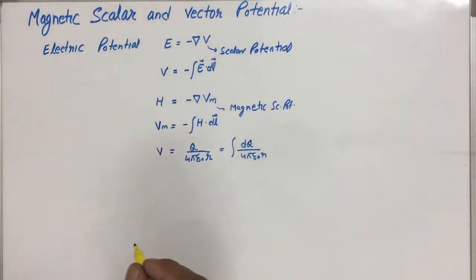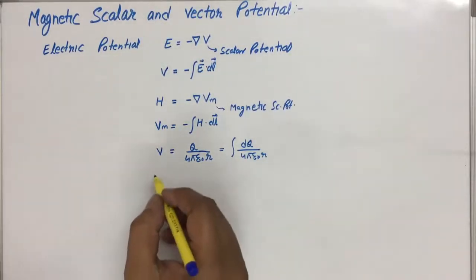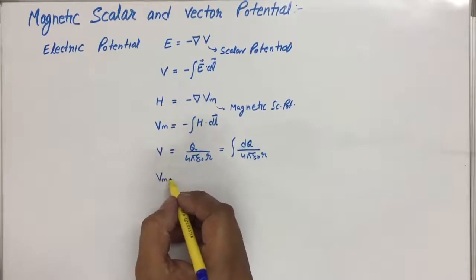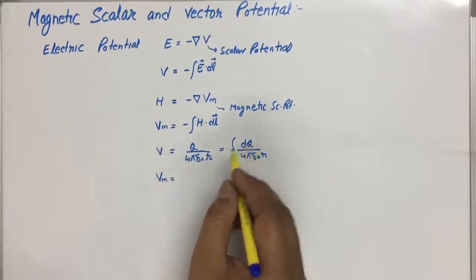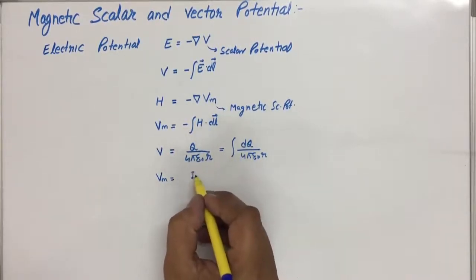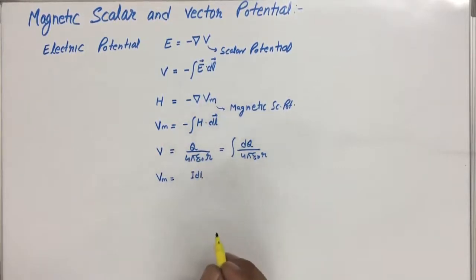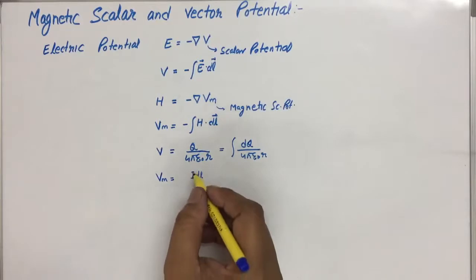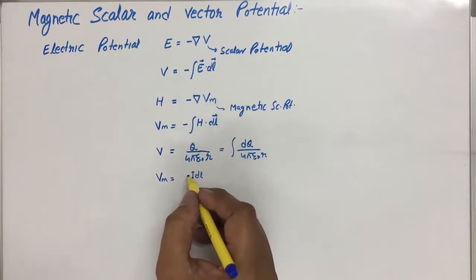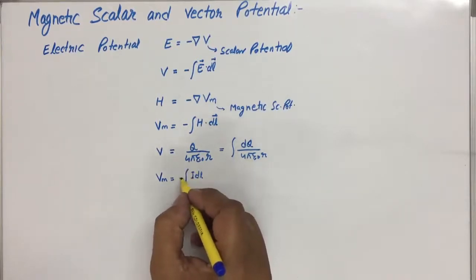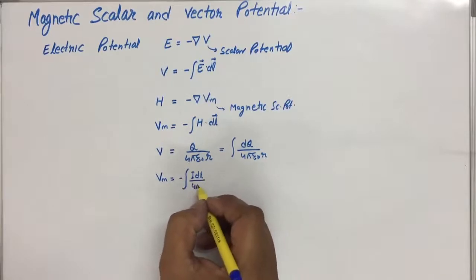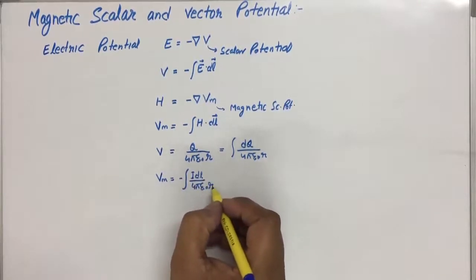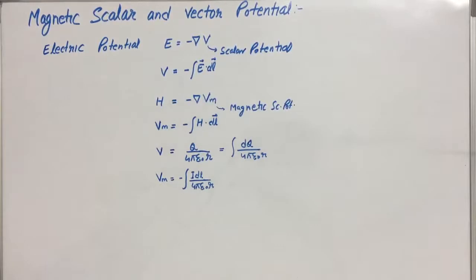Similarly, in magnetic scalar potential, we have Vm. In place of charge, we have the current, so it will be I dl, same as this.